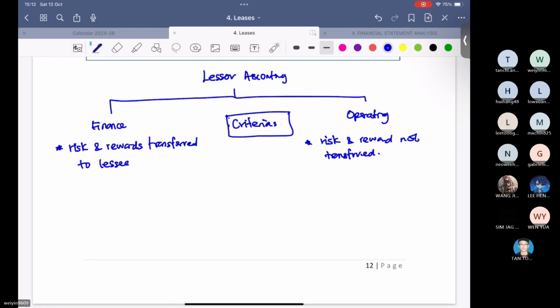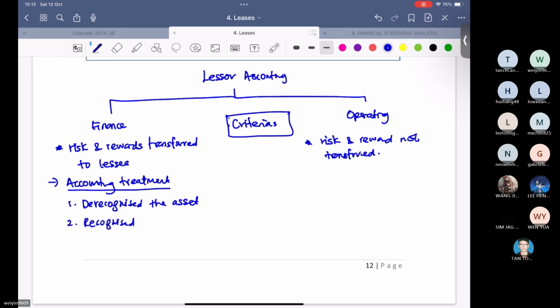All right. Then for the finance lease, for the accounting treatment, first thing, you need to recognize the asset. Number 2, recognize lease receivable, which is under the net investment in lease.